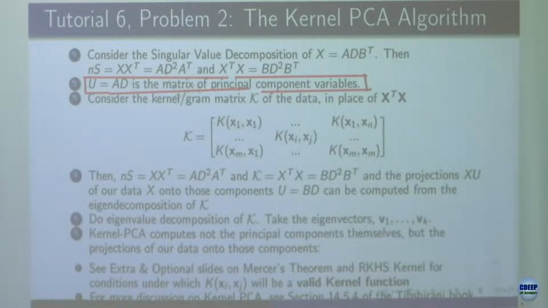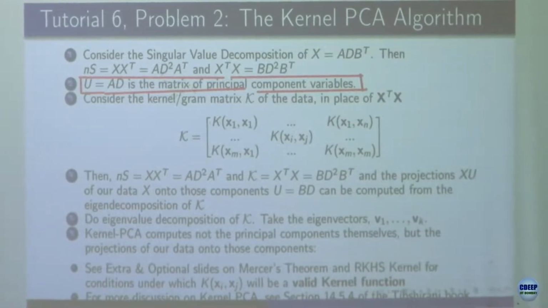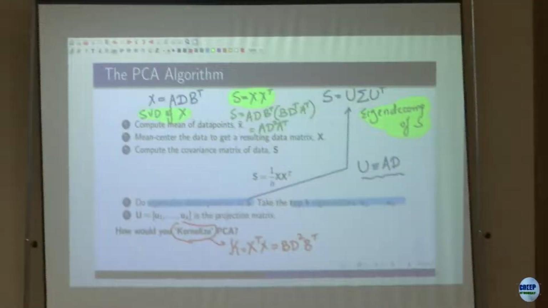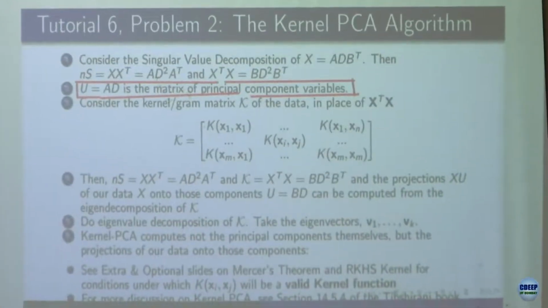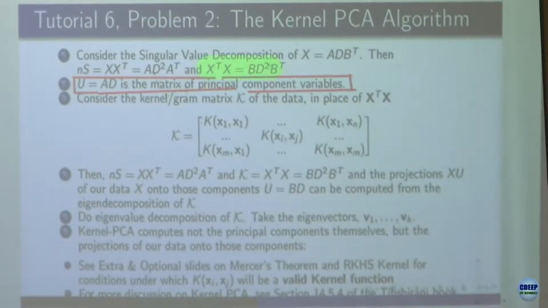Now with this, what you will realize is that you will not be able to directly recover U equals AD from the kernel matrix. I mean, see the kernel decomposition B D square B transpose, right? I've restated it here. X transpose X is B D square B transpose.